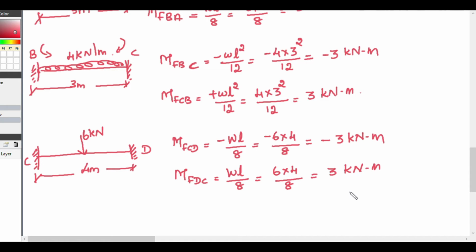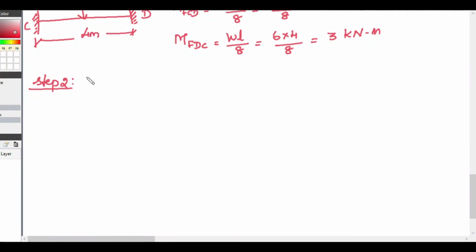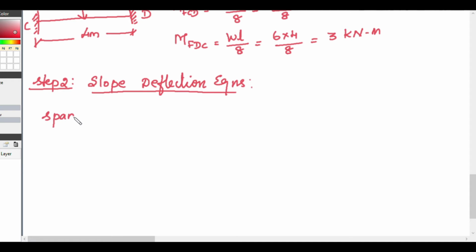Now we will write the slope deflection equation, that is our step 2. So for step 2 is our slope deflection equations. Now you should be very careful because there are settlement of supports, etc. So first of all, we will take the span AB.